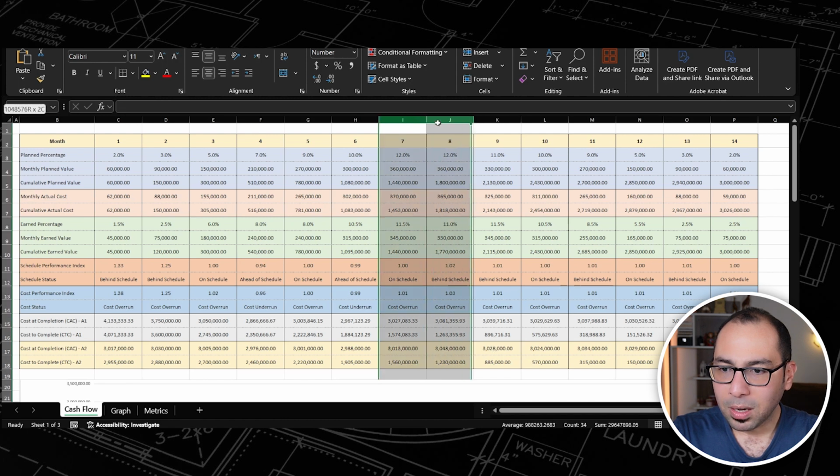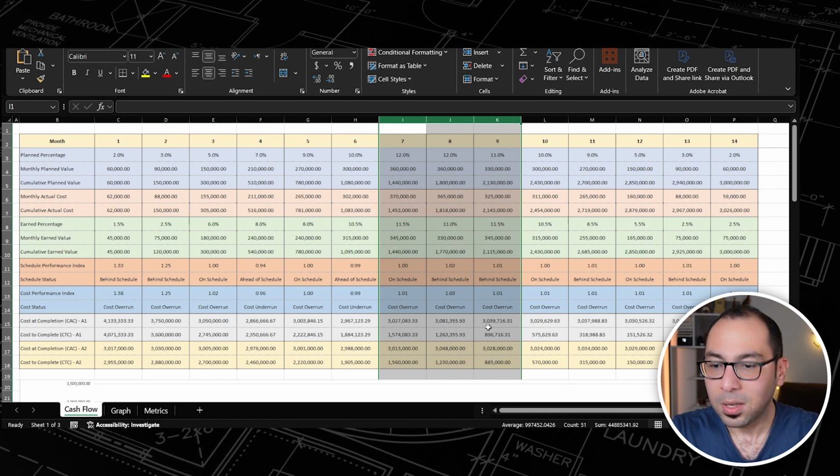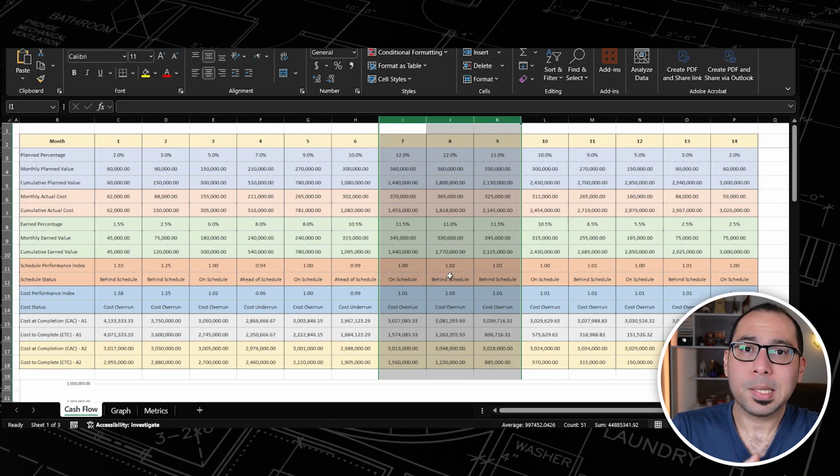So somewhere in this month, I understood already, 5 months or 4 months before the end, that I will end up spending more on this project, around, let's say, 20,000, 30,000, 50,000, something in this range. And that's why monitoring the cost at completion, the cost to complete, and your cost performance index is very important in projects.